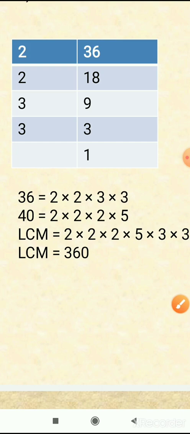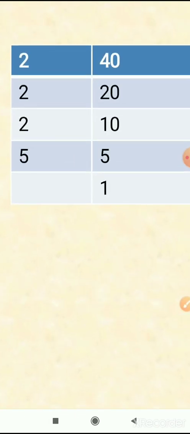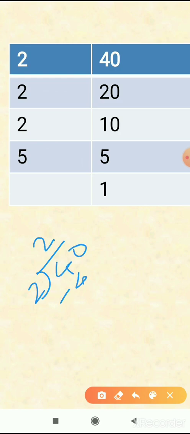Now we have to find the prime factorization of 40. 40 is an even number, so it is divisible by 2. We divide 40 by 2: 2 twos are 4 and 2 zeros are 0. We get quotient 20.